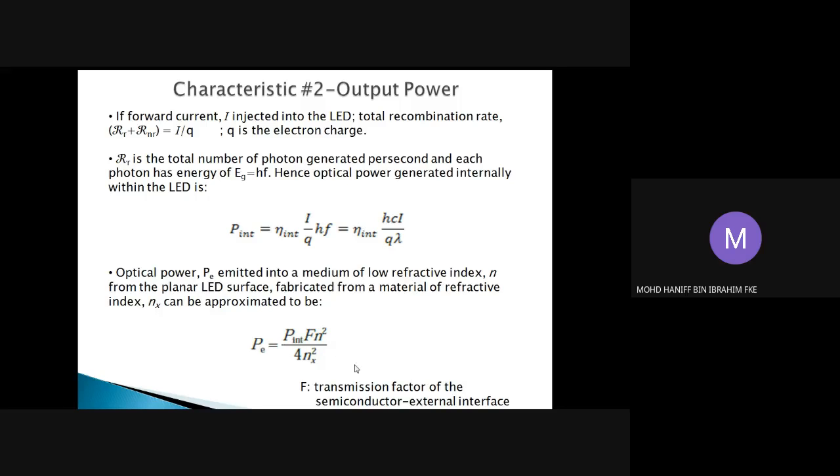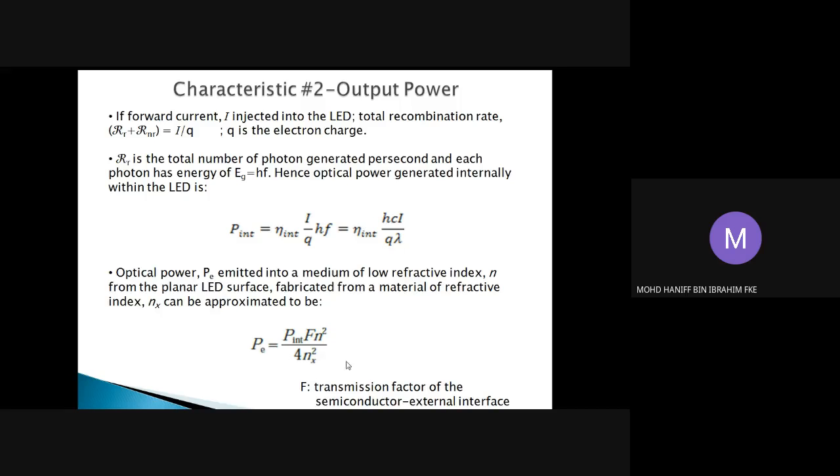So F is the transmission factor of the semiconductor to the external interface, and F basically depends on N and also Nx. That is the dependency of the transmission factor.